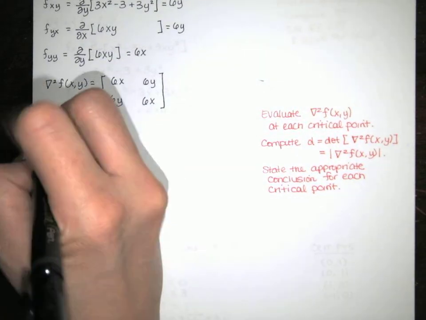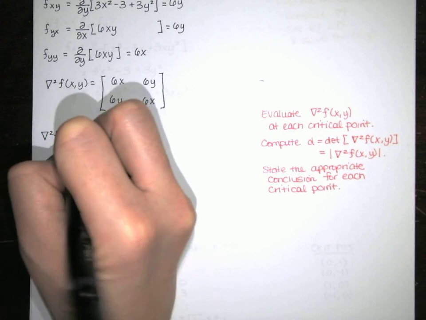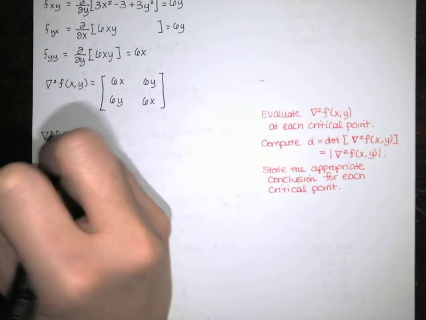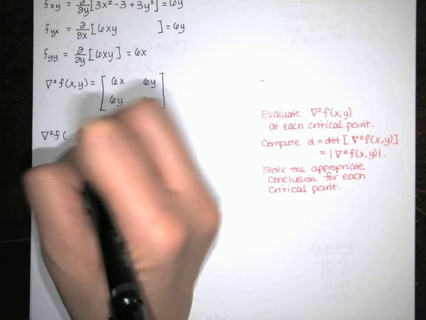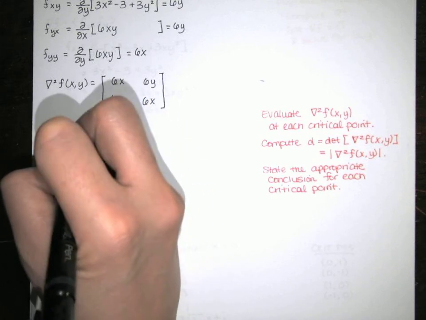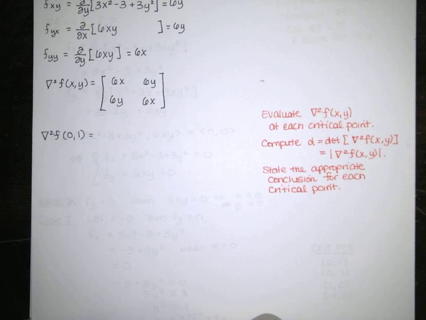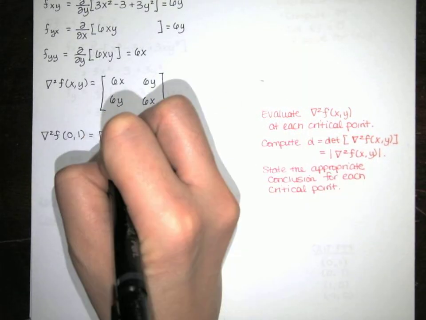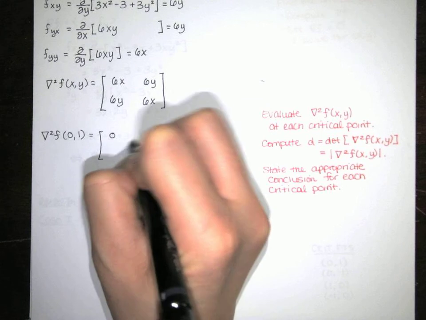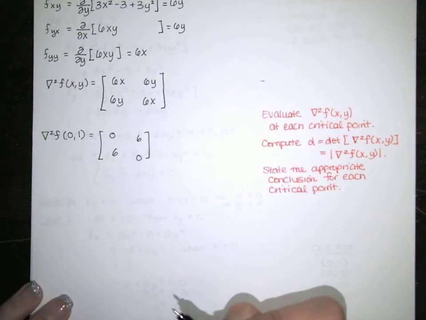And it's not too difficult at all because our critical points were 0, 1, 1, 0. They were pretty easy to remember. Okay, so let's try this one first. When x equals 0 and y equals 1, we get 0 here, 0 here, 6 here, and 6 here. Okay.